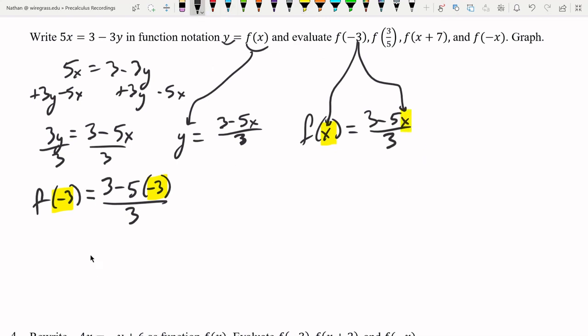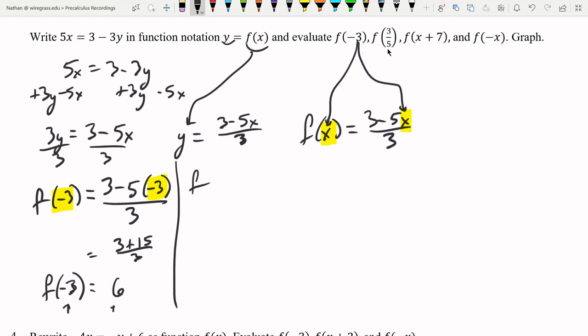Okay, now all we have to do is calculate this. 5 times -3 is -15. Negative of -15 is +15. 3 plus 15 is 18, divided by 3 is 6. So f of -3 equals 6. Our input's -3, our output is 6.